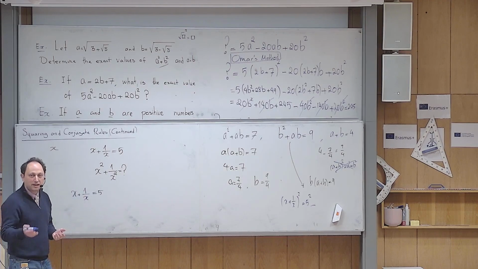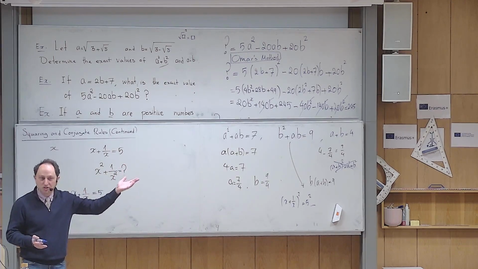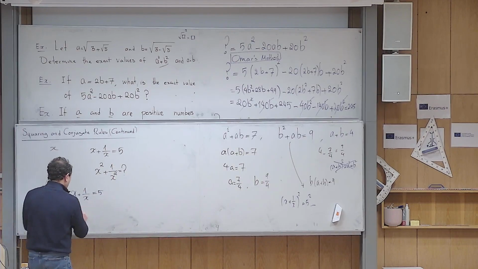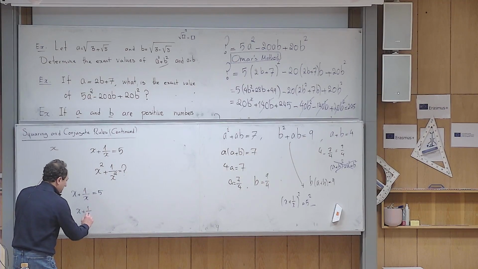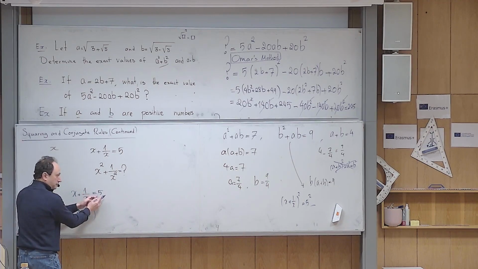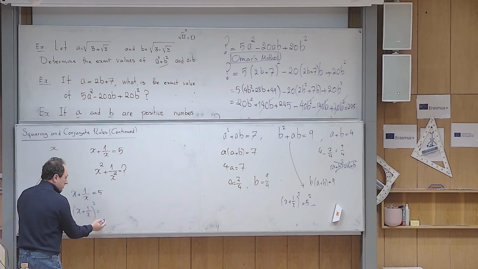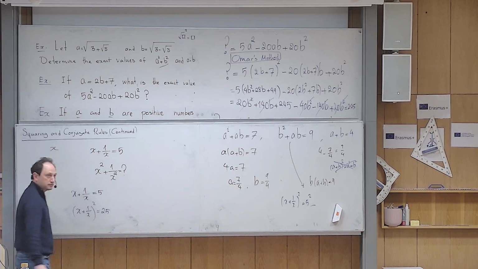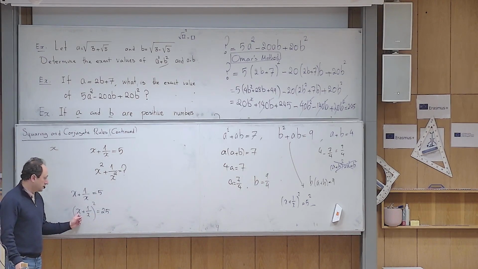But why did he make a mistake? Because he didn't listen to the teacher. Okay, so you square it, it becomes what? If this one is 5, this one to power 2 is what? 25.